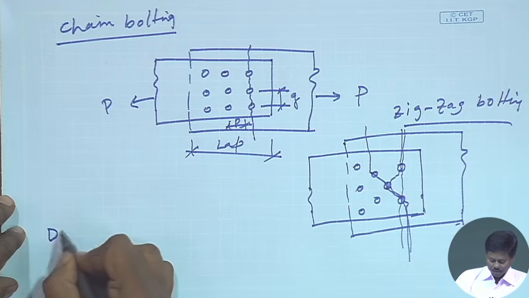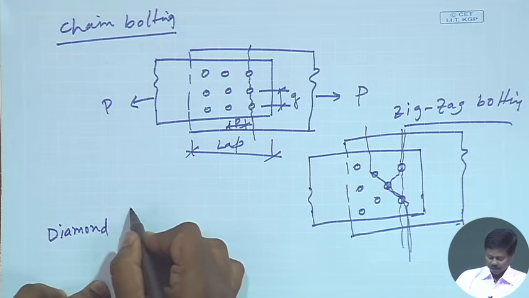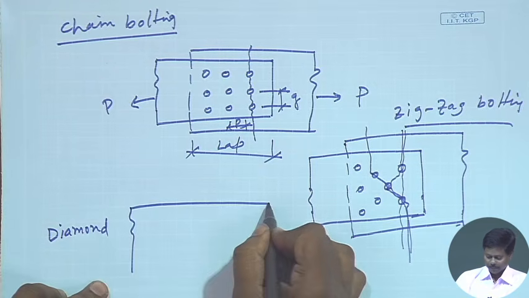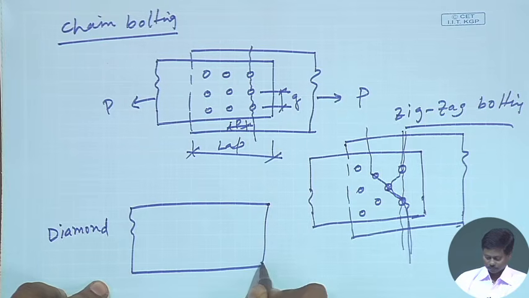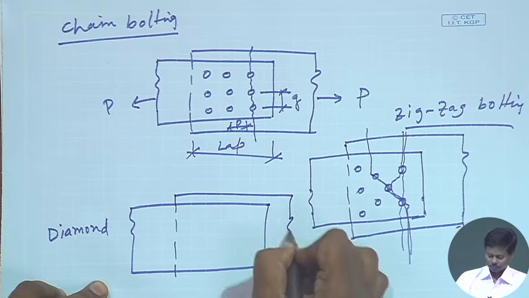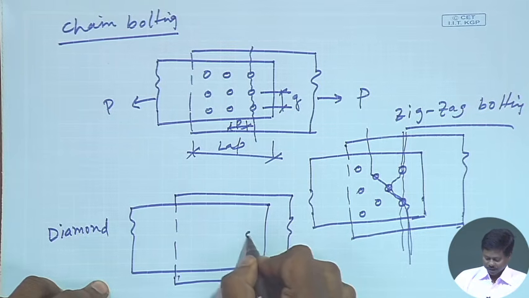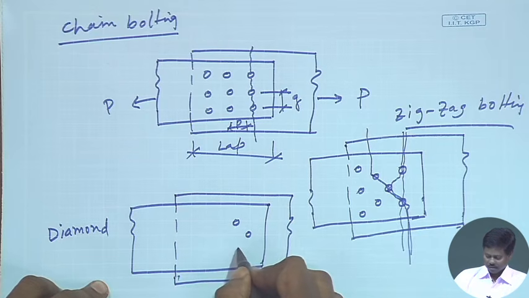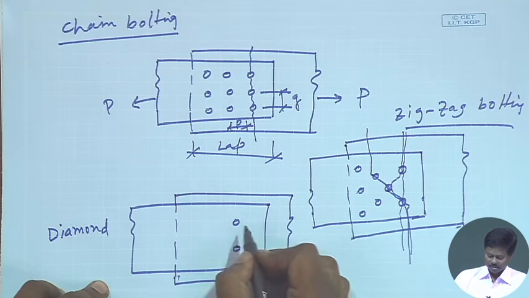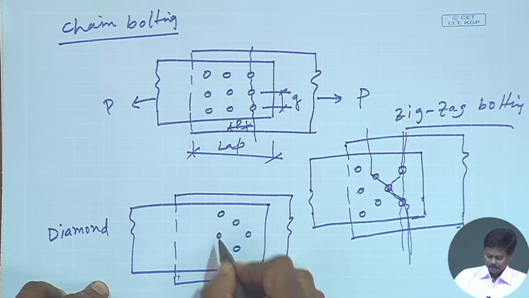Another bolting we have is called diamond bolting. In this case, the number of bolts is increased towards the center.